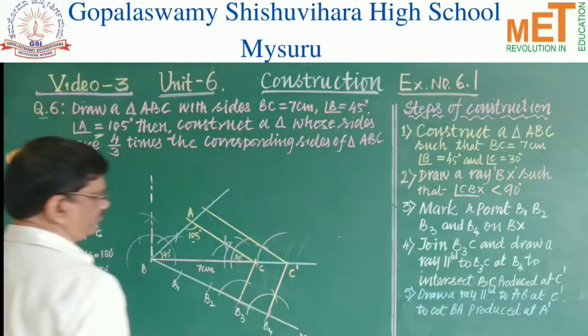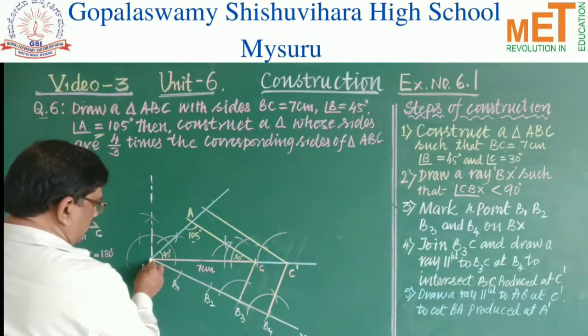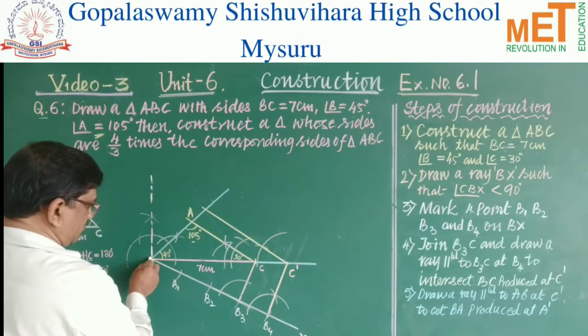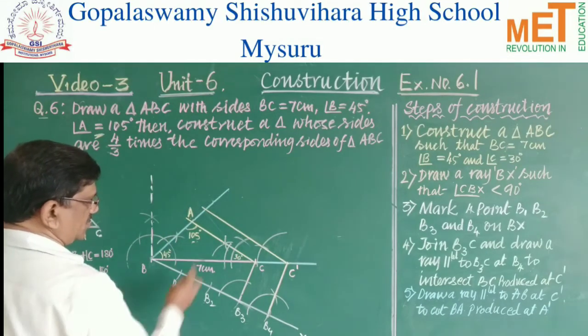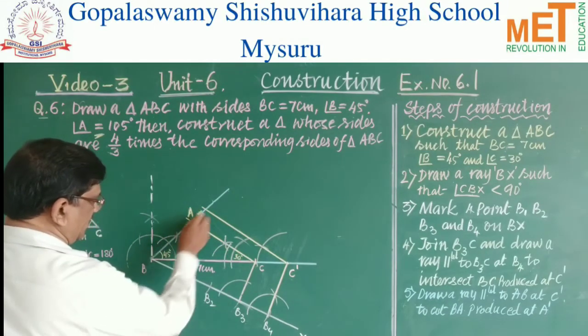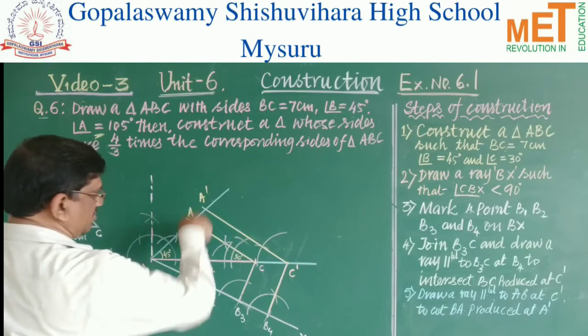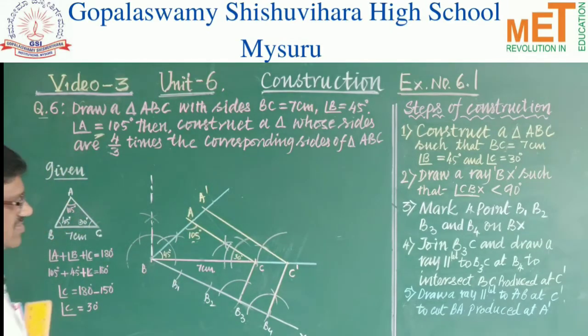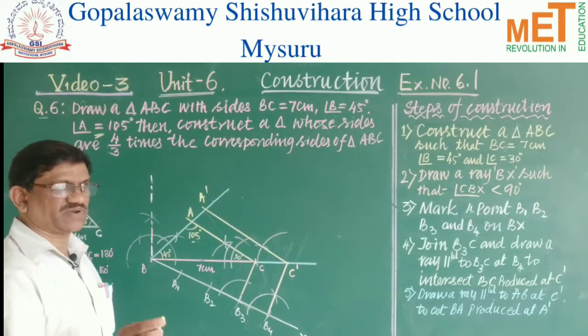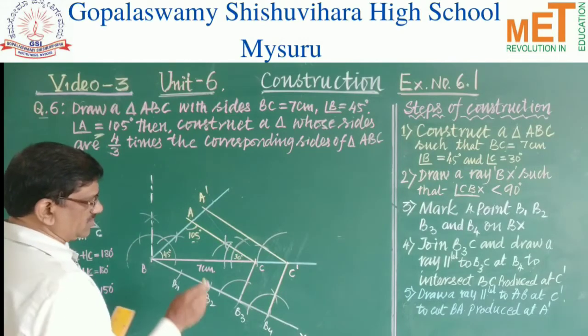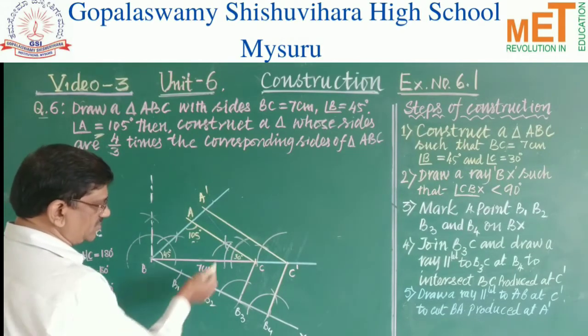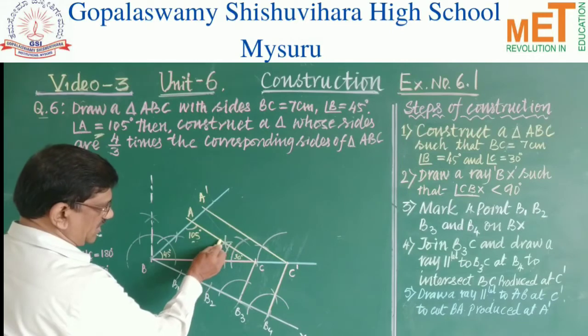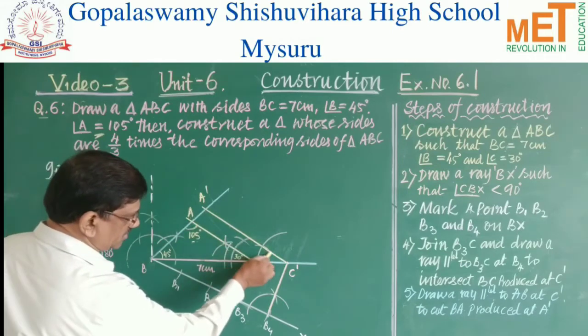Now you see. So before that we have to produce this BA to some extent. So where it cuts BA, let it be A dash. Okay. Now you see this, your construction is perfectly correct. So we can easily confirm it by just looking at these two lines. They are parallel to each other. Look at this.